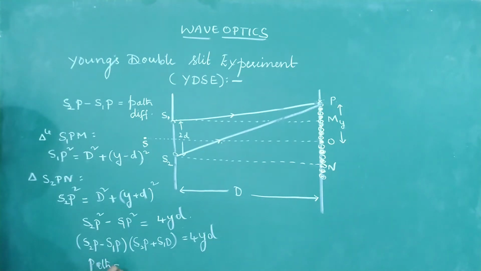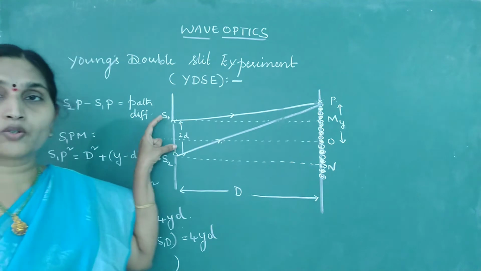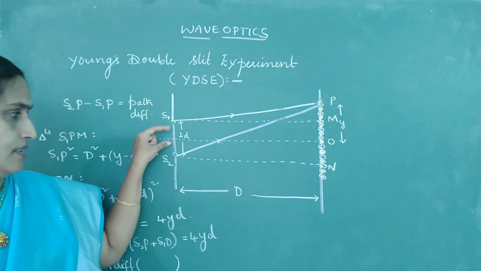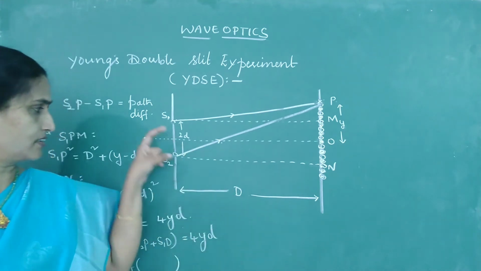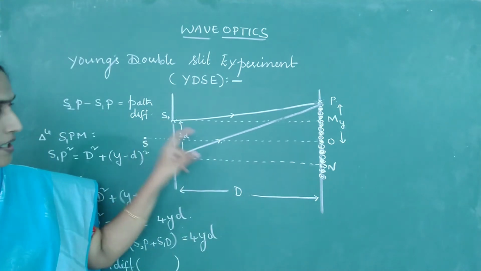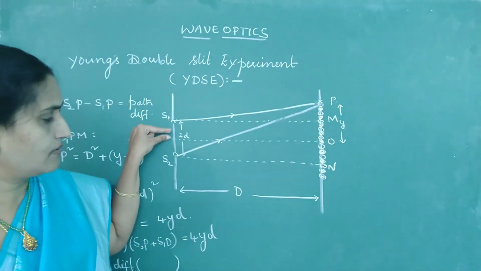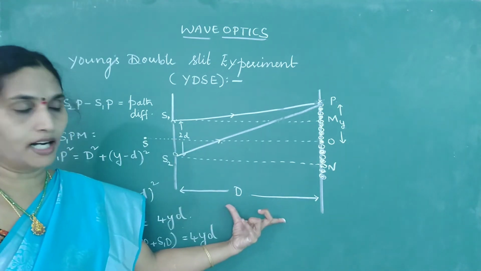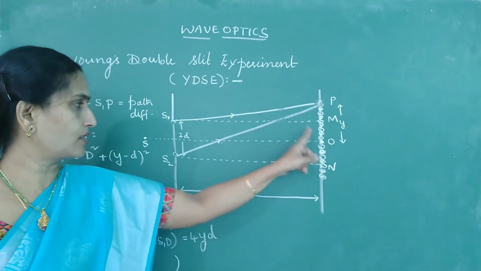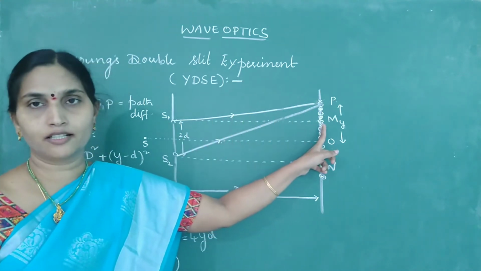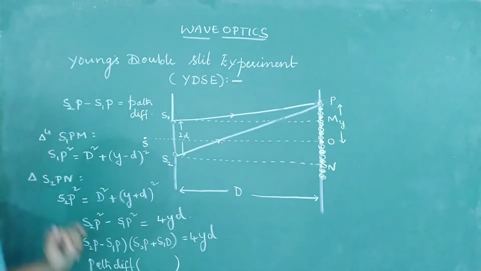Now here we are going to make use of one approximation. Since the distance between the two slits is extremely small when compared with capital D, which is generally taken much larger than the S1S2 distance, this slant line S1P is approximately equal to capital D. Again, I repeat the approximation.